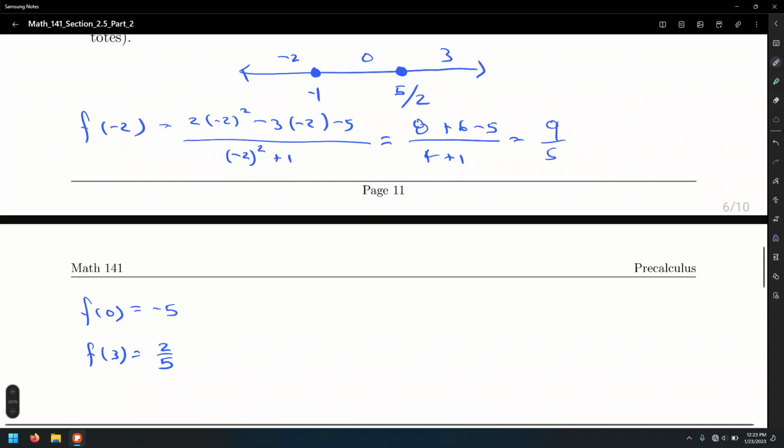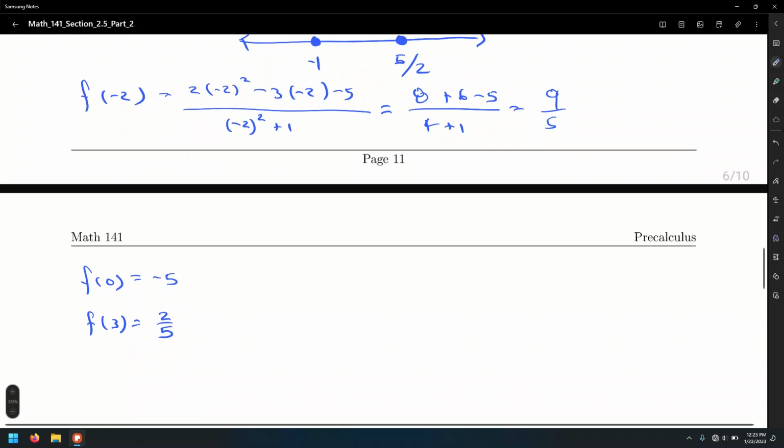So with all this information, these extra points, the horizontal asymptote that we got, the point where the graph crosses its own horizontal asymptote, and the fact that we don't have any vertical asymptotes, that's good enough to sketch the graph for this function, which is the next part.